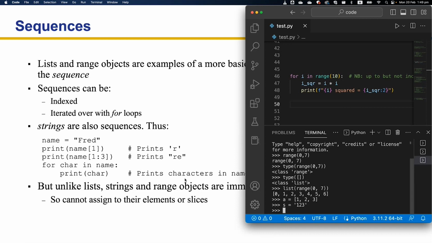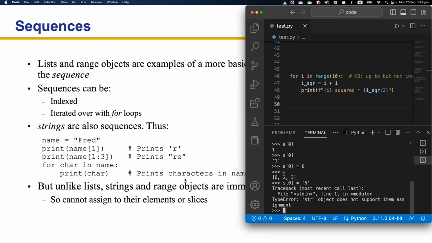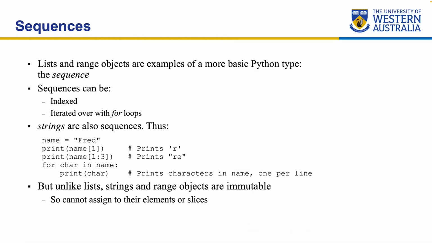So they both contain 1. a[0] is 1, s[0] is also 1. But I can say that a[0] is now 6, and if I look at a, now it's 6, 2, 3. But I cannot say s[0] is now 6. It's going to complain because it's immutable. So this means I cannot change an element inside once it's already defined. You will have to redefine the whole thing with the new values.